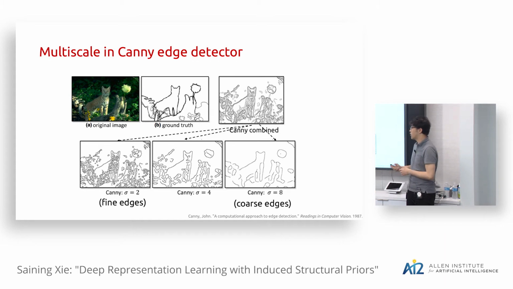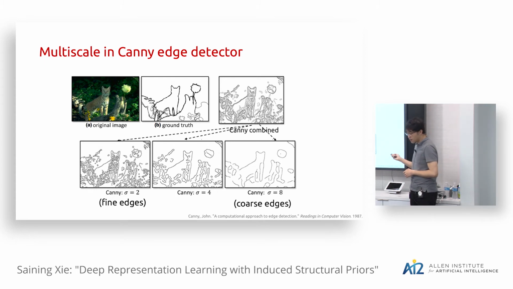For example, in the traditional Canny edge detector, in the Gaussian filter step, there is a hyperparameter sigma where you can control the scales of your edges. If you have a small sigma, you get really fine edges. If you have a large sigma, you get coarse boundaries. And as you can see, if you combine those multi-scale edge maps from a Canny edge detector together, the result is still not satisfying. This is far from the ground truth of the human labeling, right?